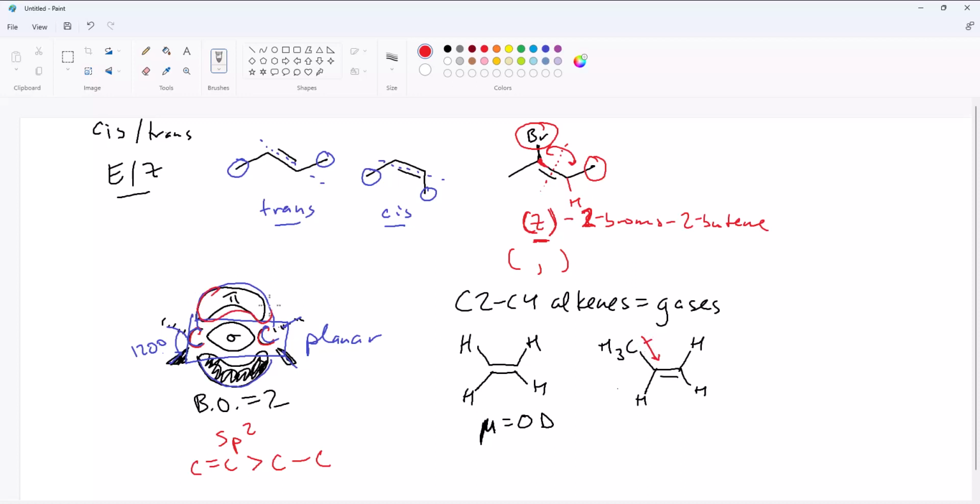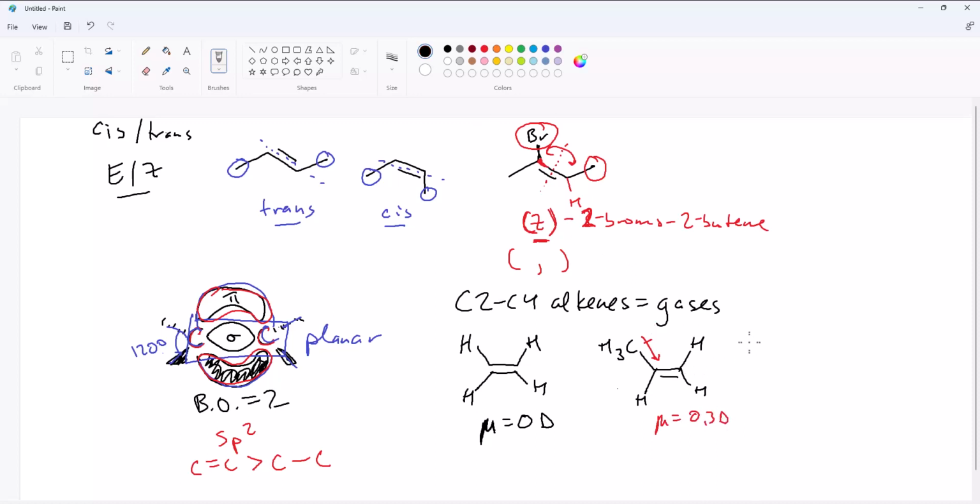There's electron density in the pi bond, so those make the alkene a little bit more electronegative than an alkane substituent, so we'd have the dipole pointing towards the alkene, and we'd see that now we have a slight dipole of 0.3 debye.